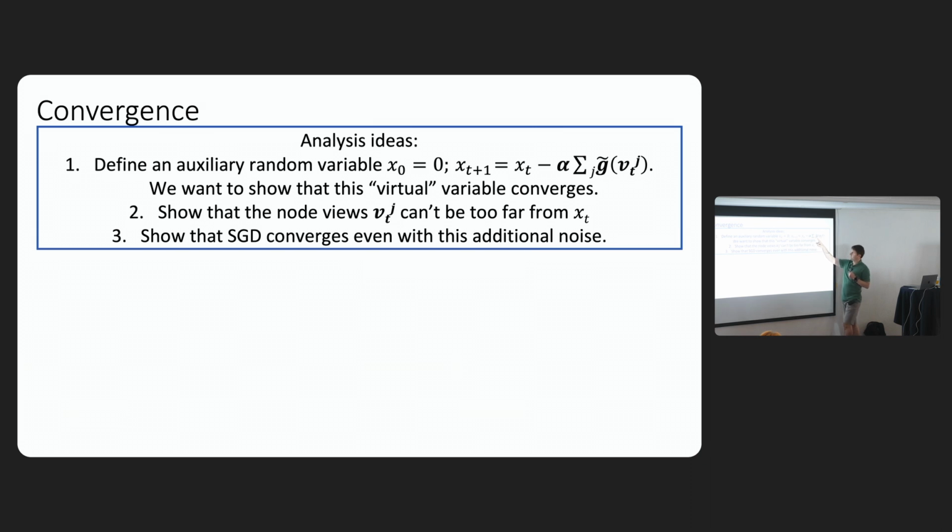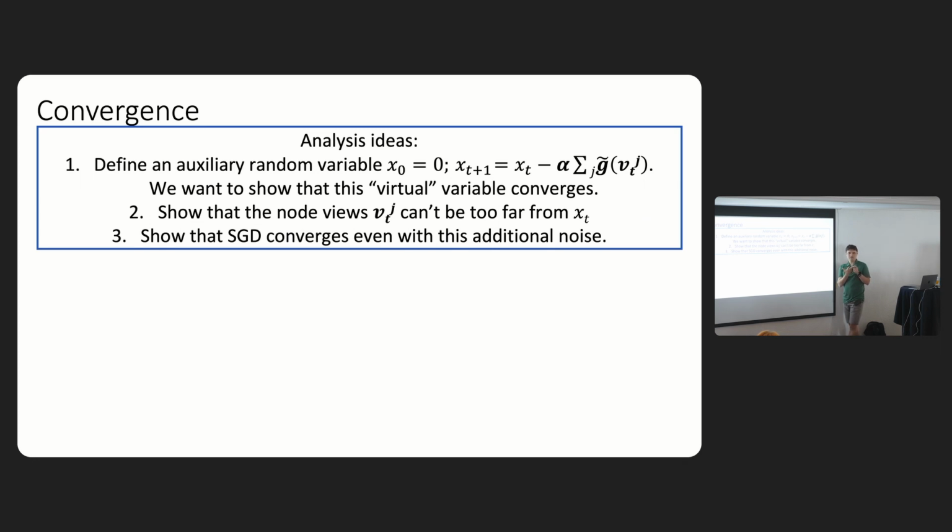So x_t is going to be x_t minus learning rate times, at every round, all of the messages that are blue or cyan, but not the ones that are red, because they're not seen by anyone.